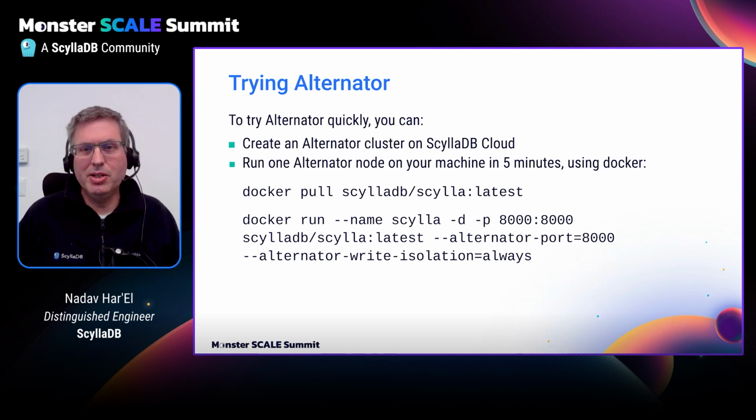You can see the commands here. In less than 5 minutes, you'll have Alternator running. You just pull the latest version of the image and then run it and tell it to open port 8000, for example. And you have Alternator running on your laptop, and you can run your application and try it.